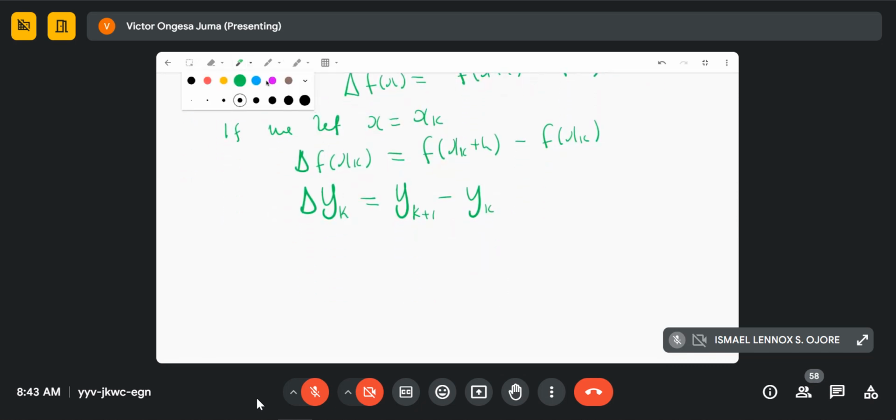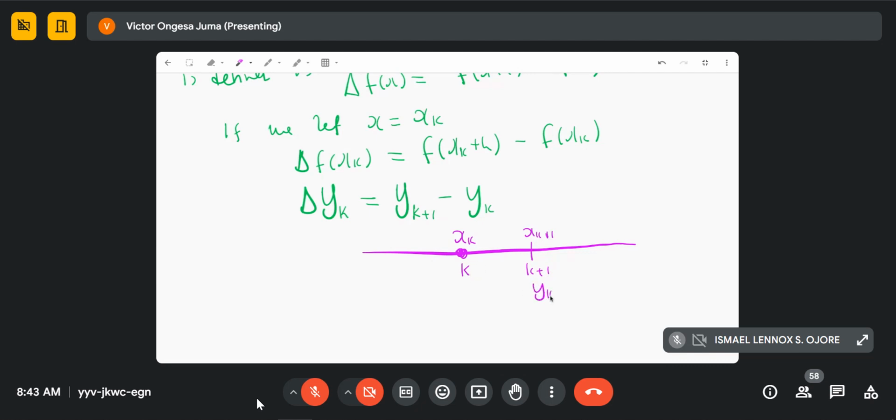Basically, when I do this in terms of the notation, this is what the forward difference does. If you are at this point k, meaning you have xk, you move one step ahead to the next value k plus 1, and then you find the difference of the values of the function at these points. So you are moving one step ahead, and then you find the difference of the value ahead. That's why it is called the forward difference operator. You are looking ahead.